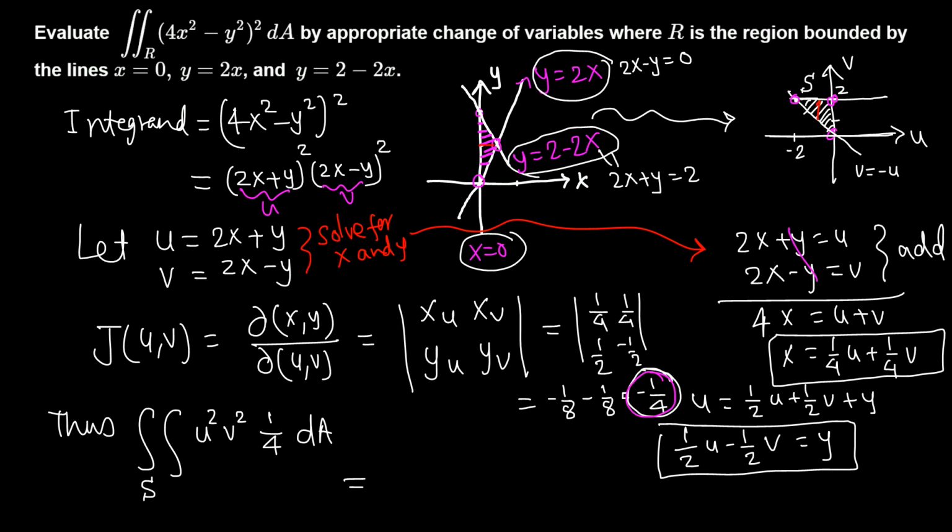That means u can run from negative 2 to 0, and v goes from the lower curve, negative u, to the upper curve, v equals 2.